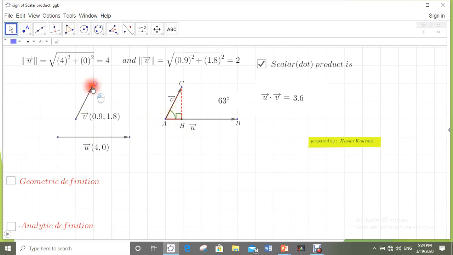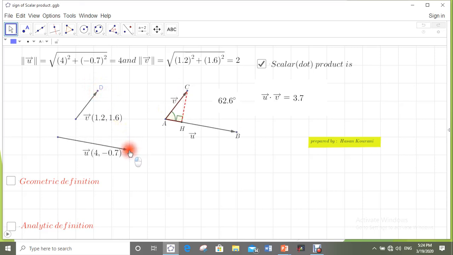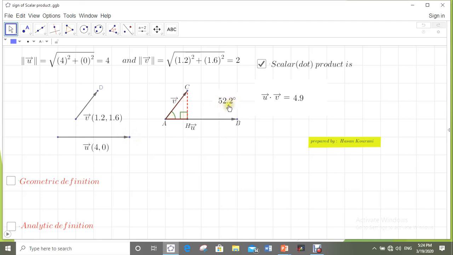As we move or rotate one of them, we can see that the geometric angle over here changes. Now, I want you to notice the sign of u dot v if we change the geometric angle by moving or translating v.